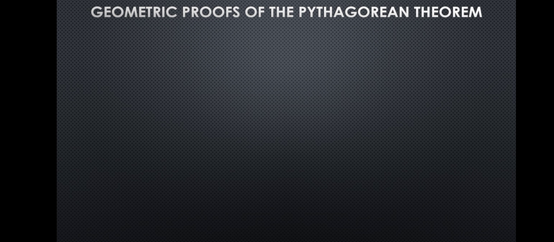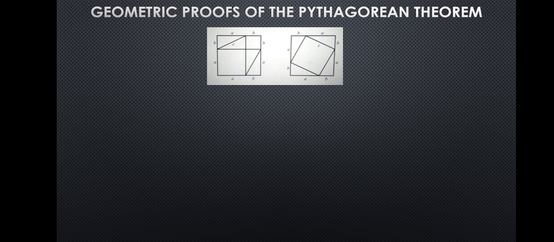Each of these two rectangles can be split into two equal right triangles by drawing the diagonal c. The four triangles can be arranged within another square of side a plus b, as shown in the second figure.